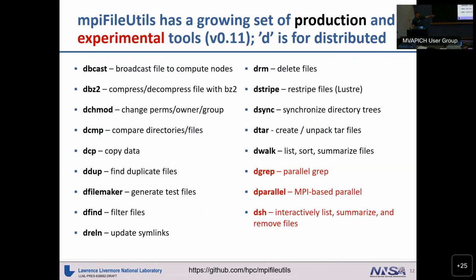It's not really a shell in the sense of a normal shell, but what it lets you do, if you've reached your quota on the file system and you need to go delete some files to make room, dsh is a really handy way to do that. It will walk whatever directory you give it, and then it will total up the bytes and the file counts, and it will list them by the directory that has the most in it. So it's sort of like a du in that sense.